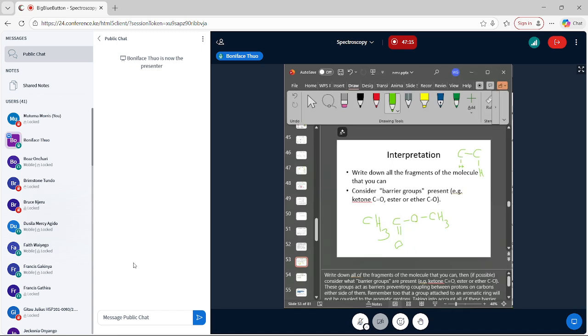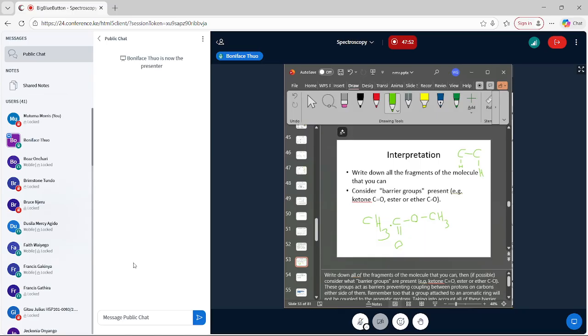So what we get are actually two singlets, with integration lines which are equal in height, because we have three hydrogens in each chemical environment.